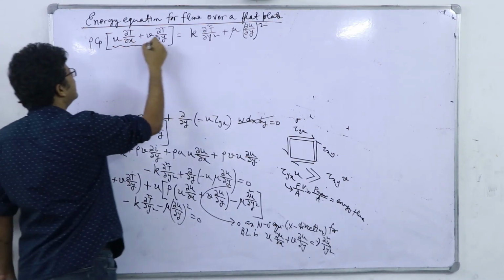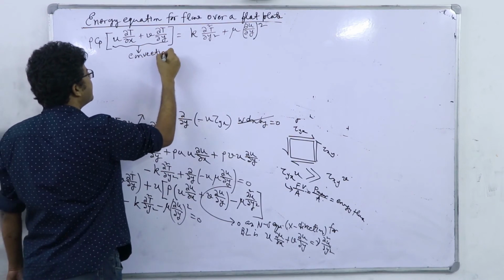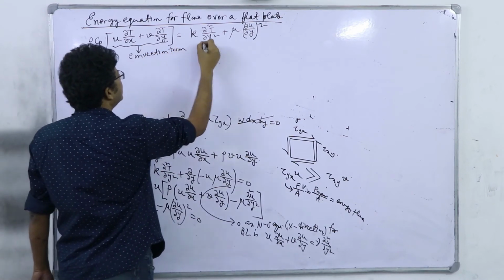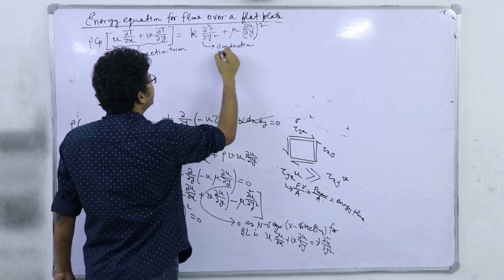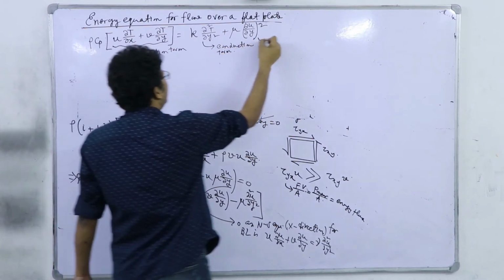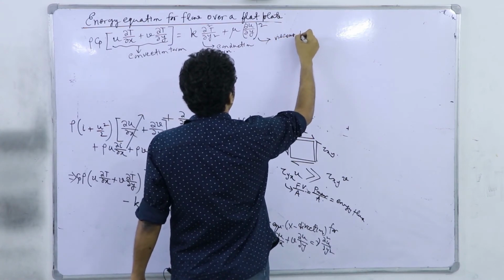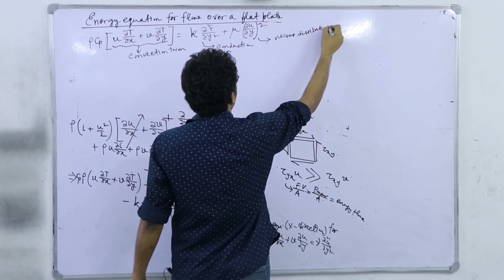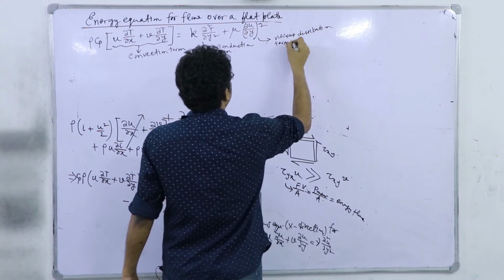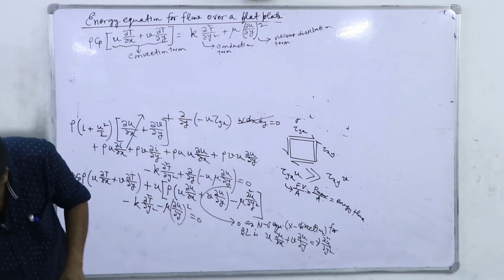So this is the convection term, this is the conduction term, and this is the viscous dissipation term. Now, this is not a derivation.